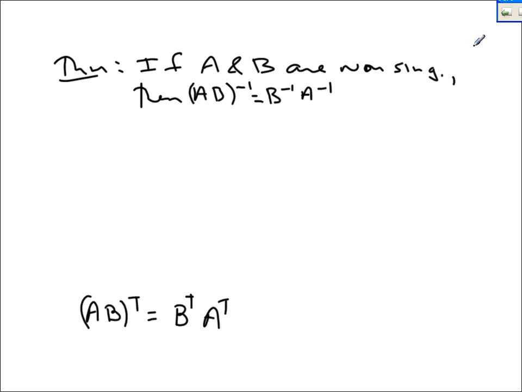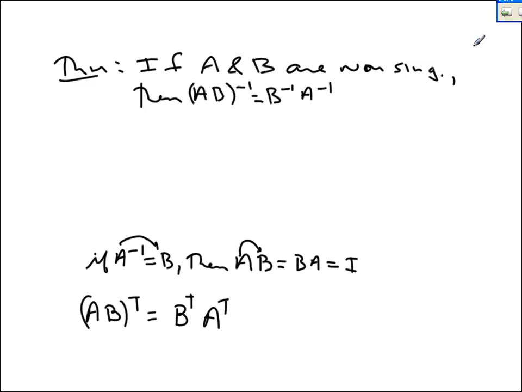Okay. Now remember, if the inverse of A is B, then A times the inverse of A, which is B, is B times A, or I. A matrix times its inverse should give you I. So let's check.